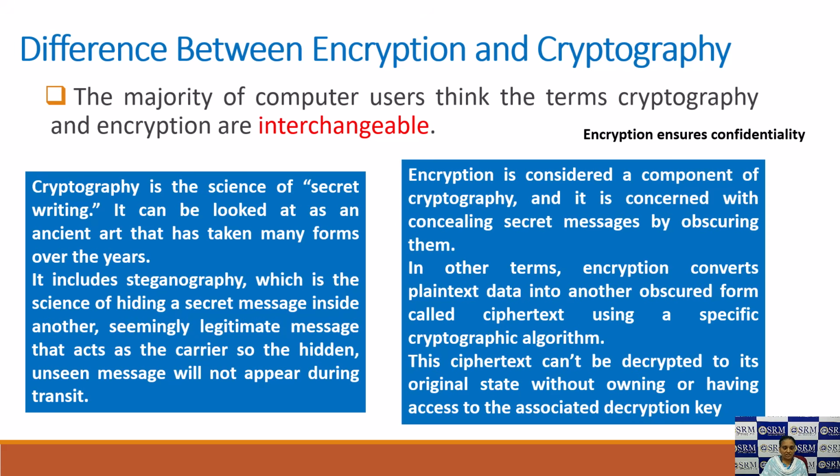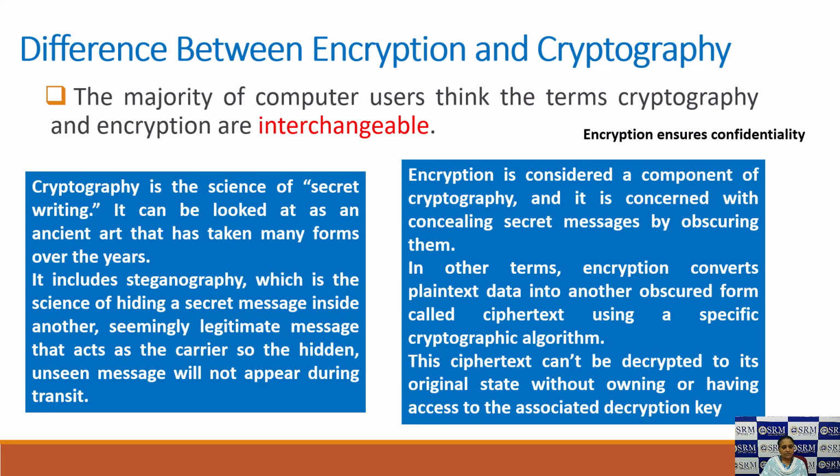Cryptography started with a method called steganography, which is the science of hiding a secret message inside another. Especially, you take an image and hide a message inside it, where a legitimate message acts as the carrier, so the hidden message will not appear during transit. That is the starting process of cryptography.